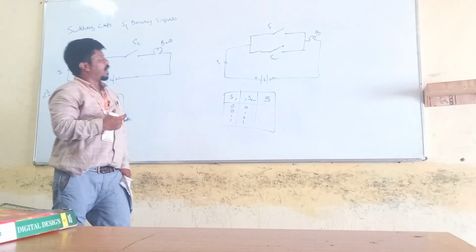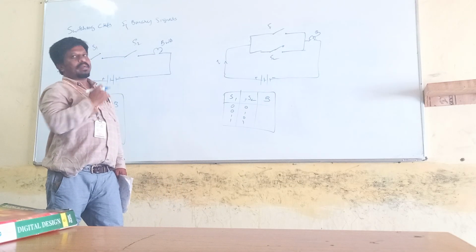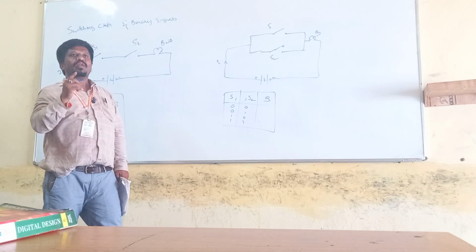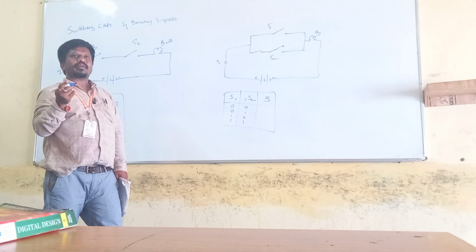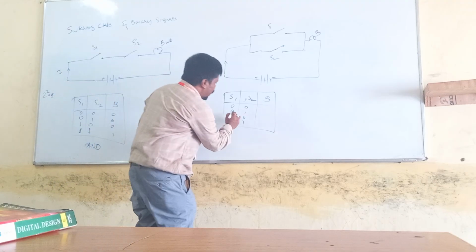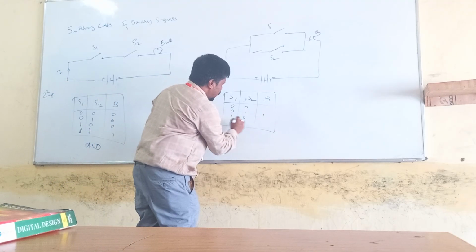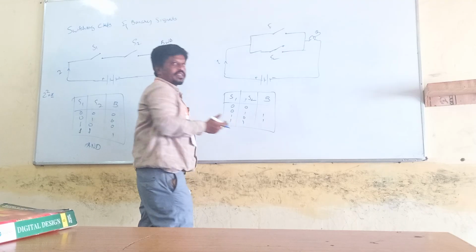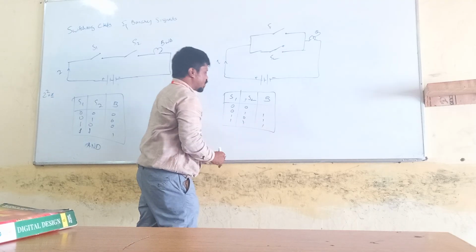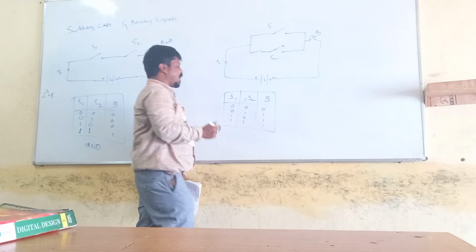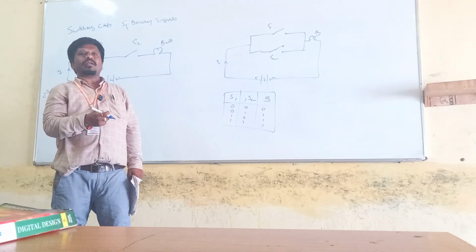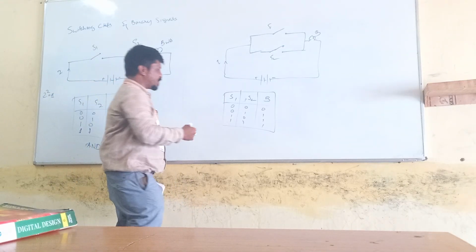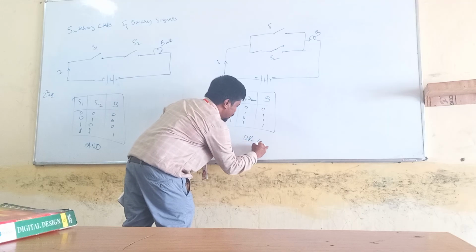My bulb has to glow only if either one switch is on. Either one means here it is one, and here also one. If both switches are on, closed, it is also on. This one is 0. What type of logic gate can I use here to implement this? The OR gate.